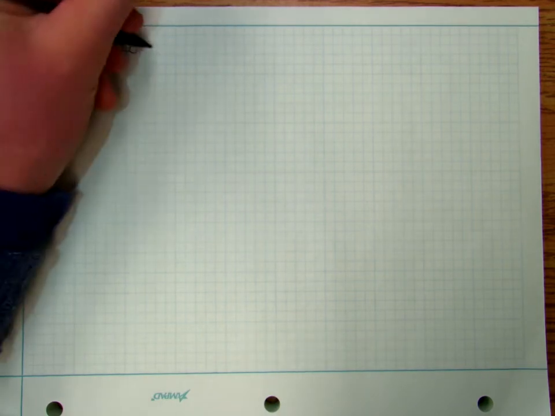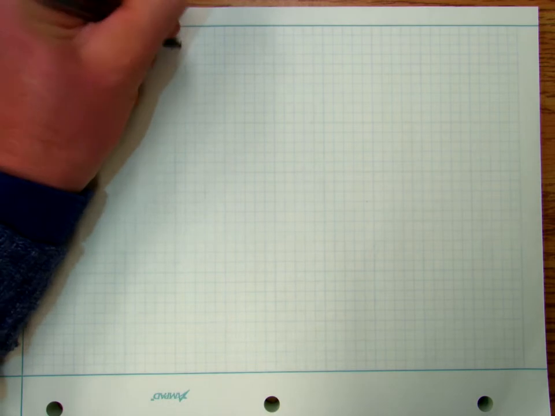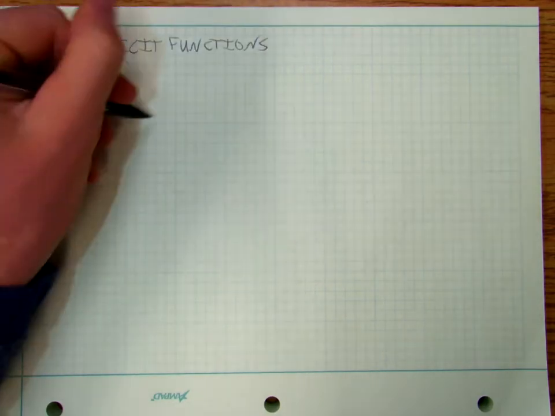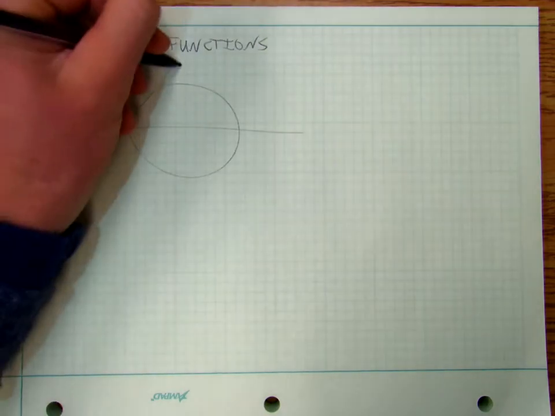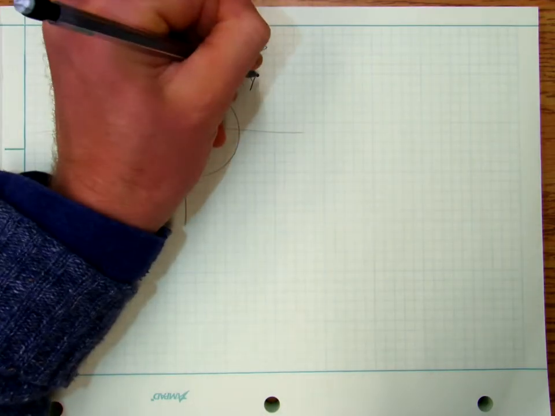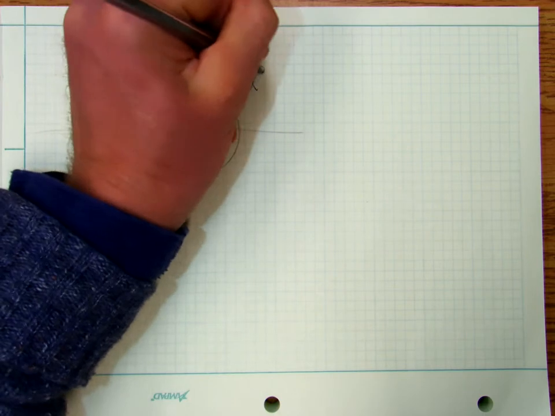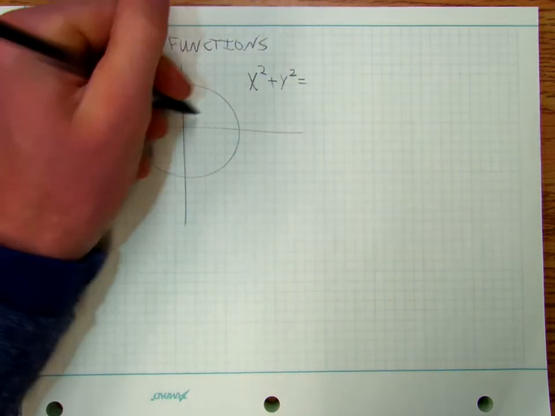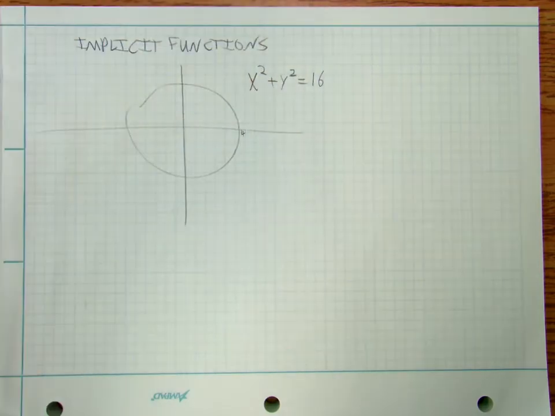Okay, but then you have some functions, so that's going to be x squared plus y squared equals, say, 4 or 16.